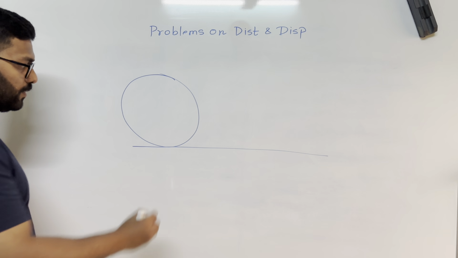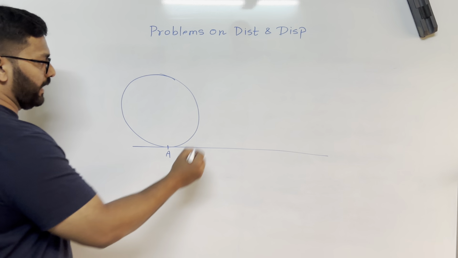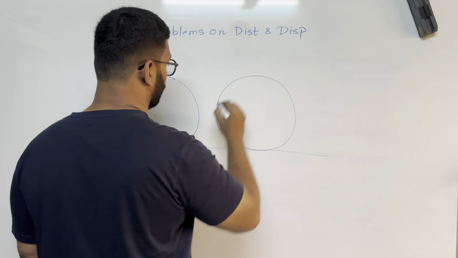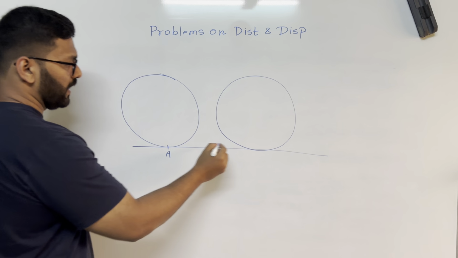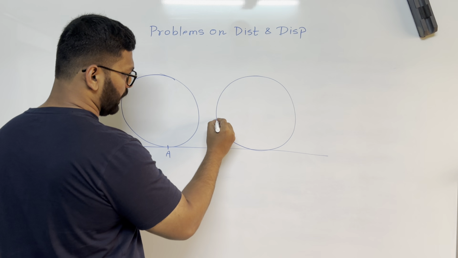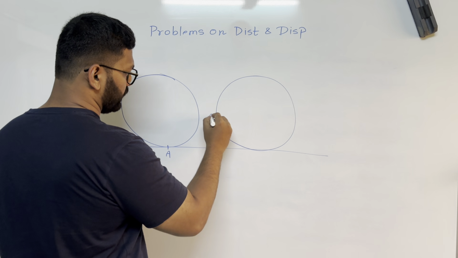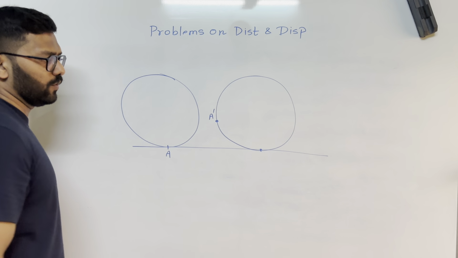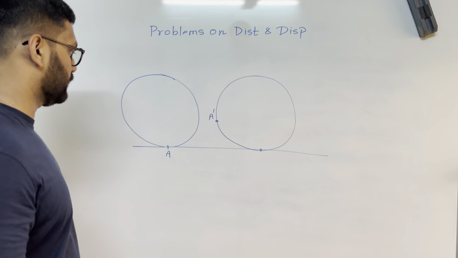Let's say this is the point again A, and it has rolled some distance. Let's say from point A, that point came till this point. Let's say this became A dash. From here to here, it has gone. It is any arbitrary rotation.